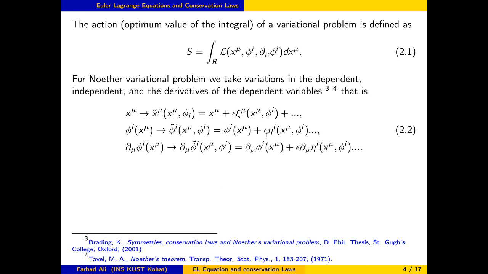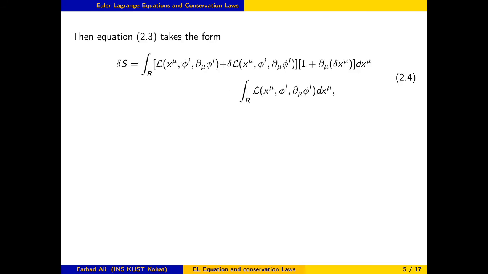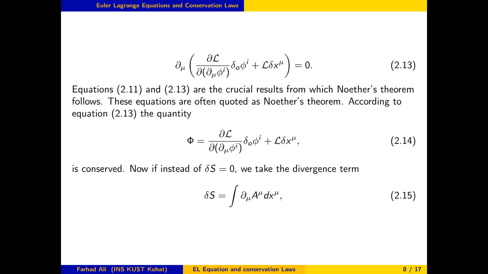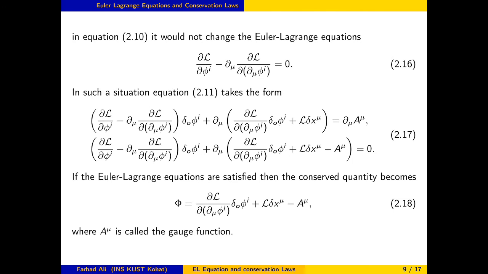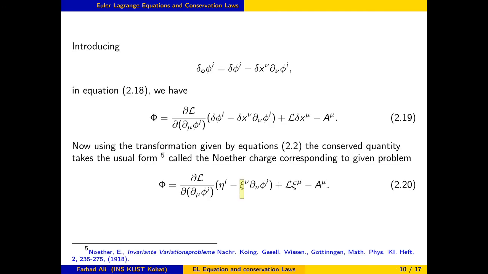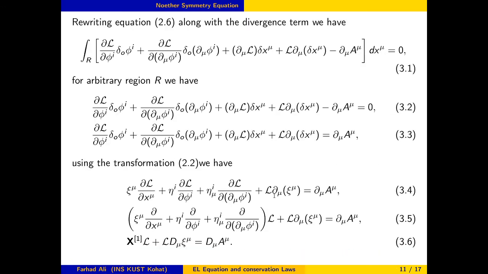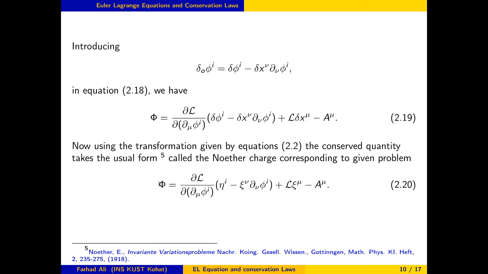Variation in phi I is eta I. And variation in the derivative of phi I is the derivative of eta I. This is the well-known form of the conservation law. The well-known form of the conservation law is 2.20.